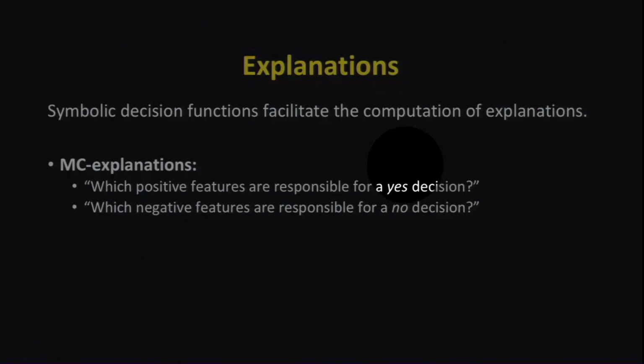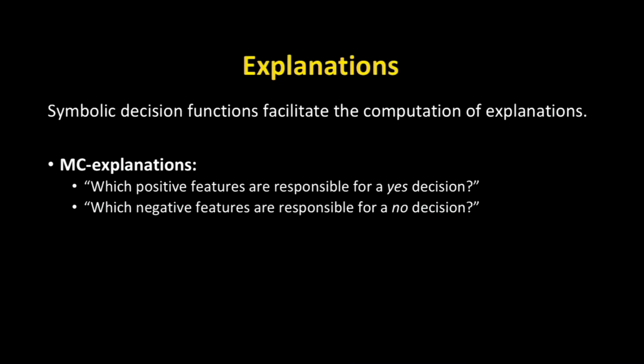So here you have a classifier that classifies an instance as yes, and I'm asking it which of the positive features are responsible. So let's say you have 20 features. The current instance has 9 of them as positive and 11 as negative. And then the classifier said this instance is a yes, it's a positive instance.